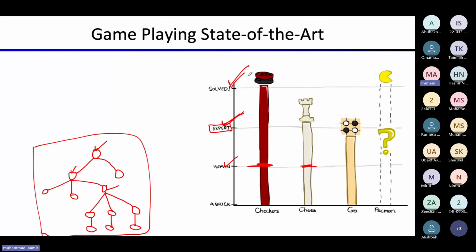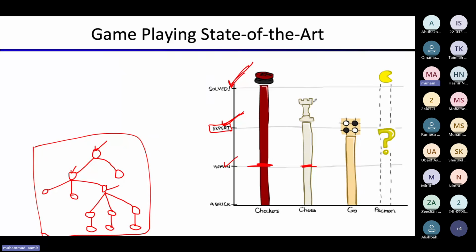So checkers is solved because the checkers game has a finite and comparatively small game tree. So we can save the complete game tree of all possible moves of checkers. That is why we are saying that checkers is completely solved, because we know each and every possible move of checkers, and we can save it in memory, and our algorithm can go through all the possible moves and select the best possible move.